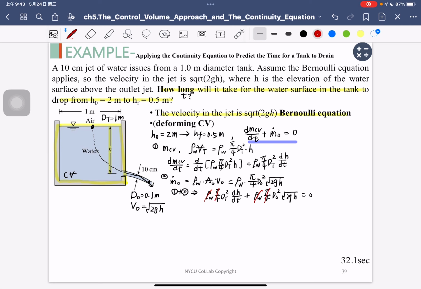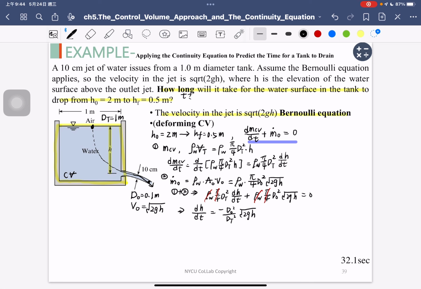So finally you can rewrite the equation. I just keep dh and dt here, and I move all the parameters to the right hand side. So it's minus d0 squared divided by d_T squared times root of 2gh.